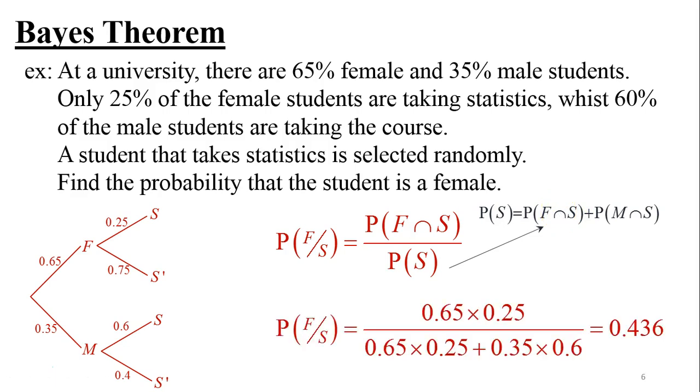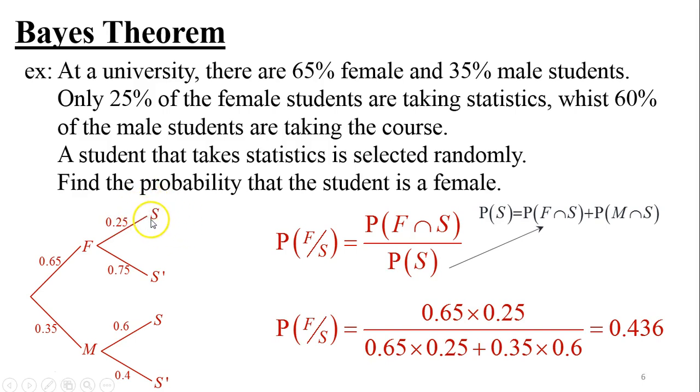So if we were to just fill in the numerator and denominator, as we've already mentioned, the probability of being a female and taking statistics, that's 0.65 times 0.25, and at the denominator, it's the probability of S, which you can find here.